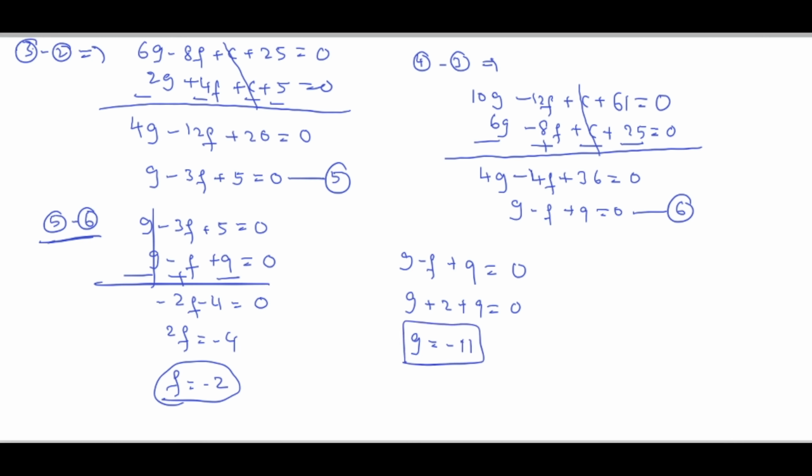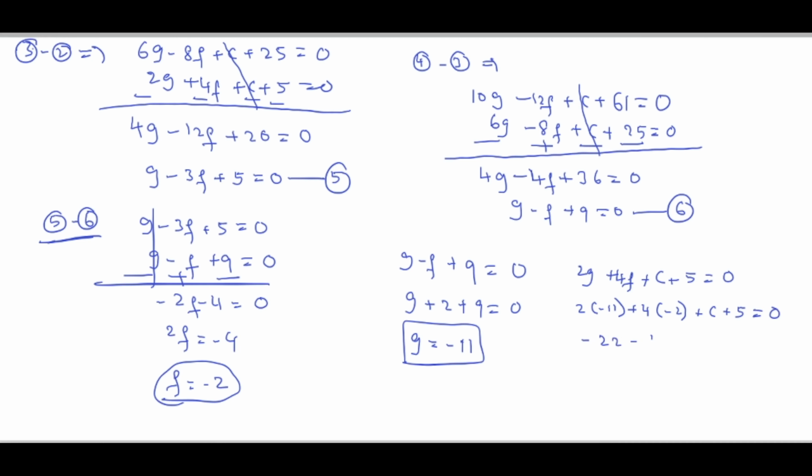Now we find the value of c. Substituting the g, f values in the first equation, 2g plus 4f plus c plus 5 is equal to 0. So 2 into minus 11 plus 4 into minus 2 plus c plus 5 is equal to 0.